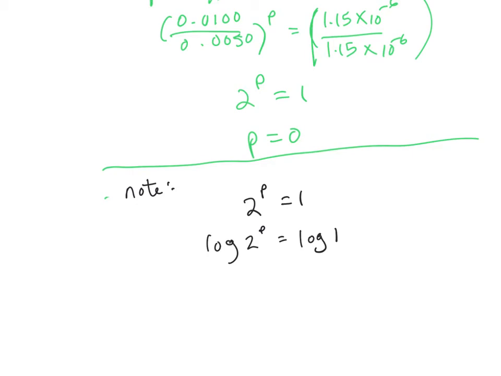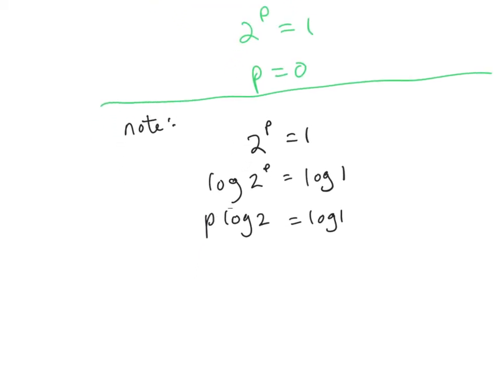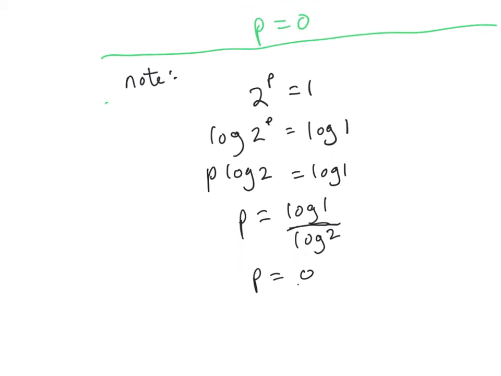So this is going to be equal to p times the logarithm of 2, and that'll be equal to the logarithm of 1. So in general, solve for p: the logarithm of 1 divided by the logarithm of 2, and that is not the same thing as the logarithm of 1/2. You're not necessarily using logarithms every day, so you might want to say that that's the logarithm of 1/2. It's not. It's the logarithm of 1 divided by the logarithm of 2. So in this case, p is going to be equal to 0 because the logarithm of 1 is 0.